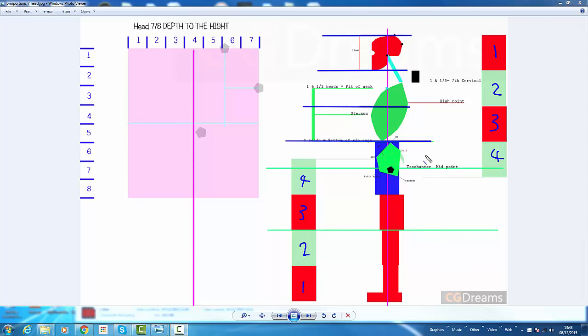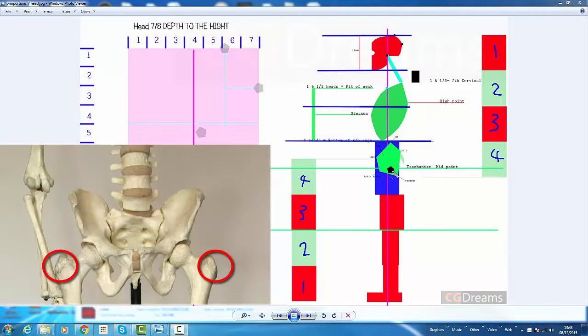So 3 3/4 lines you up to a prominent bony landmark, which is basically the widest point of your hip, and this is called the greater trochanter. The greater trochanter, if you were to look on a skeleton, will give you a very clear definition, as you can see here, that it's actually part of the femur, but it's the widest point, and this is what people would normally say is your hip down that area.